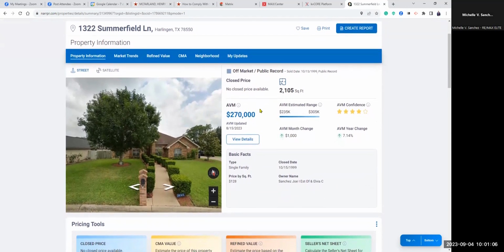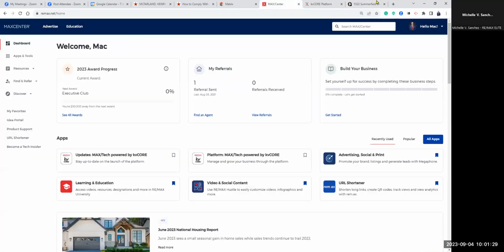So I was just wondering what the difference was with RPR. Yes, ma'am. And right here, if I click on view details, it'll show you how they come up with that 270. Same thing if it's an RVM, it'll have view details. It'll show you the comps they use to come up with that as well. Okay. All right, awesome. Thank you.